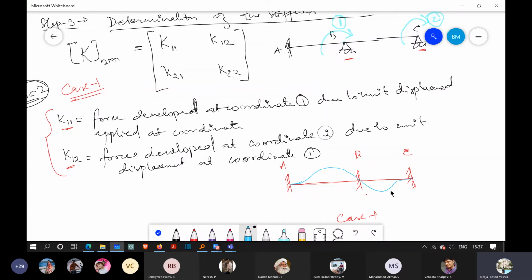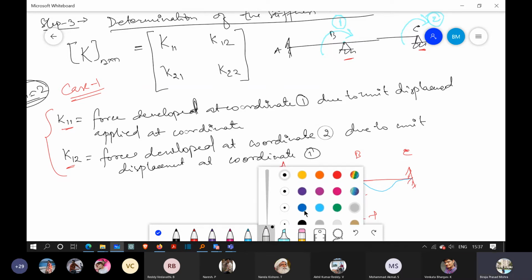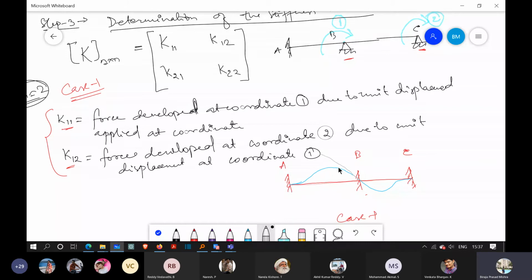So this one is theta b, that is 1, and this is also theta b, also 1. Here theta a equals 0, and theta c equals 0.